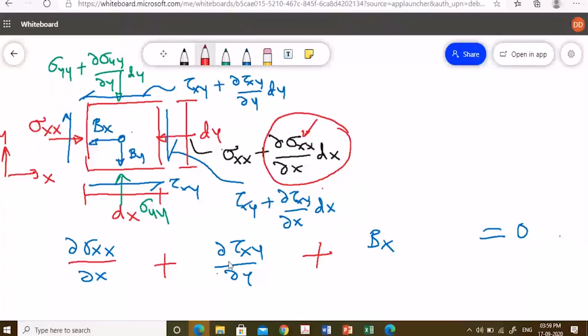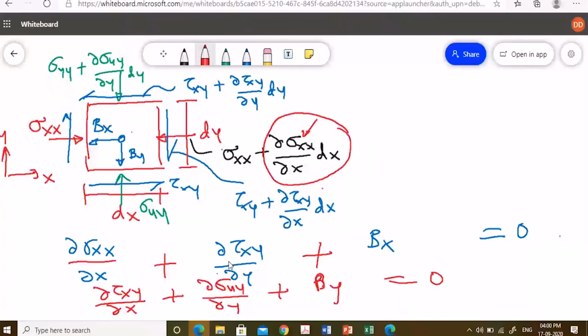This is one equation. Another equation will be del tau xy by del x plus del sigma yy by del y plus by is 0. These two, in 2D in Cartesian coordinate system, are called the equilibrium equations of stresses.